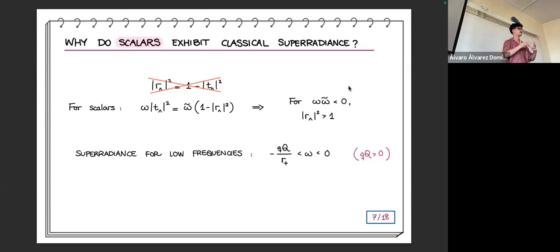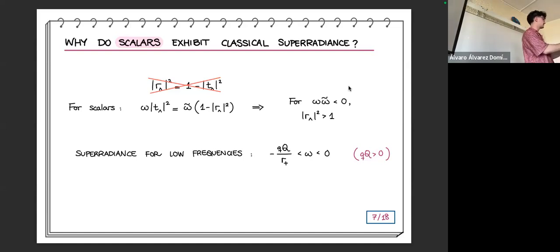Now, in more physical terms, what happens is related to the weak energy condition and the area theorem. To explain classical superradiance in scalar fields, you need the area theorem, classically.